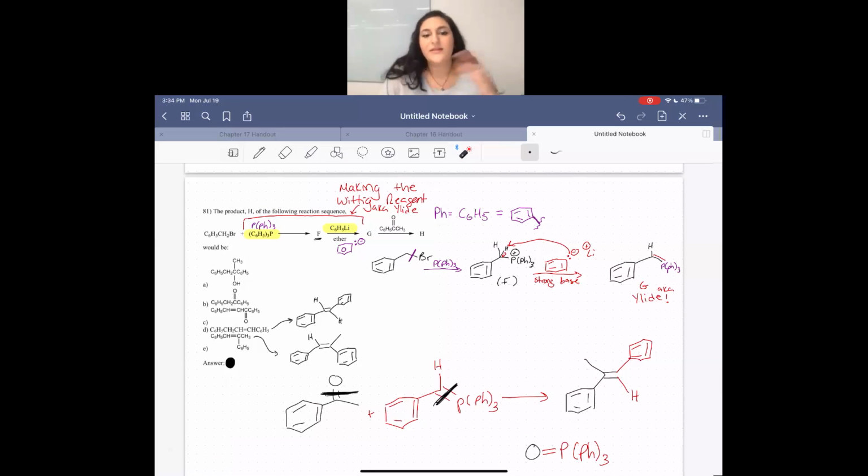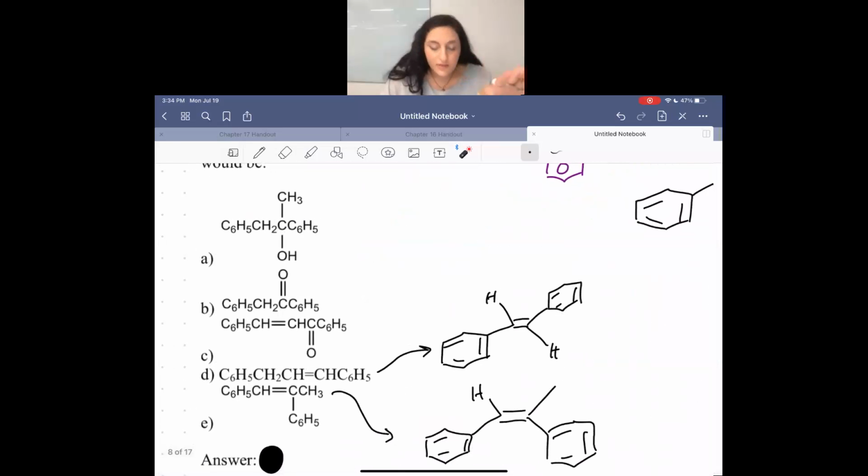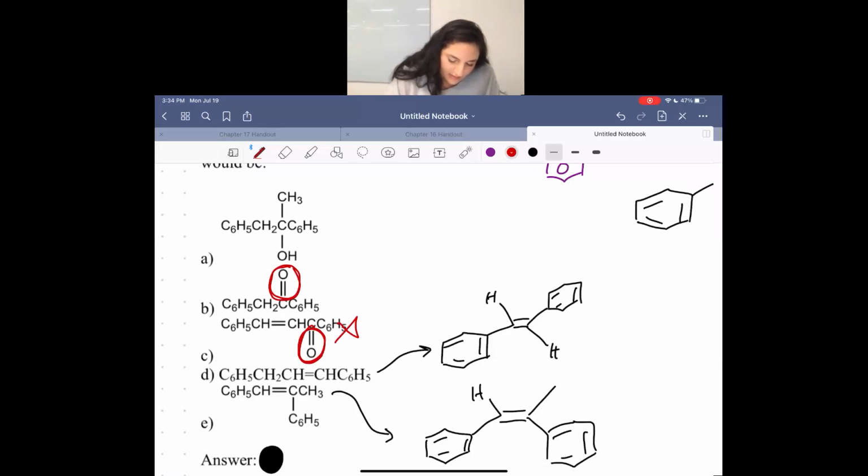All right, so now that we did all this, let's look at the answer choices. Clearly, some of these are dumb. We don't have a double bond to oxygen. We don't have a double bond to oxygen. So these two are automatic garbage. And so these are a little confusing.